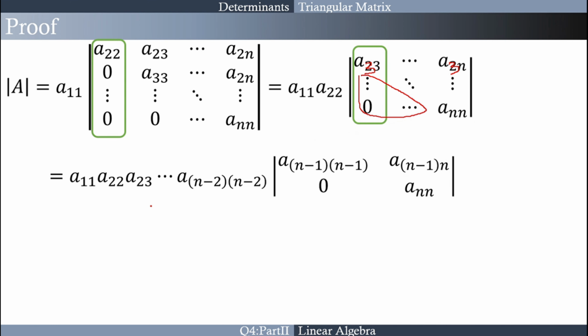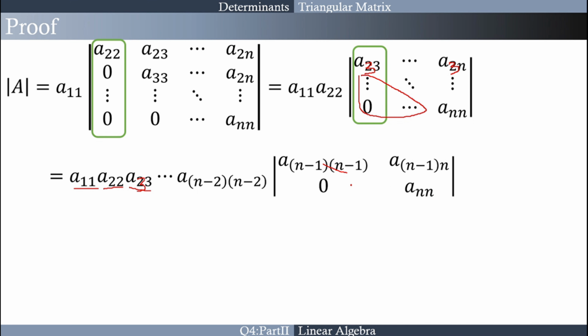As you can observe the pattern, the determinant of our matrix is the product of a11, a22, a33, up to a sub n minus 2, n minus 2, multiplied by the determinant of the 2 by 2 matrix with a sub n minus 1, n minus 1, a sub n minus 1, n, 0 below, and a sub nn.